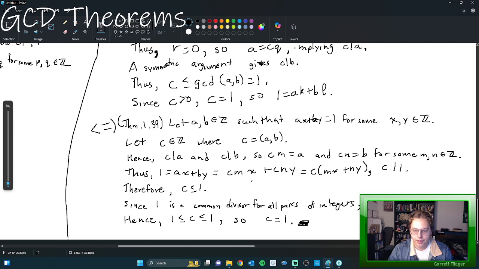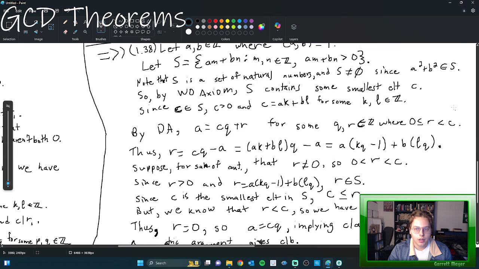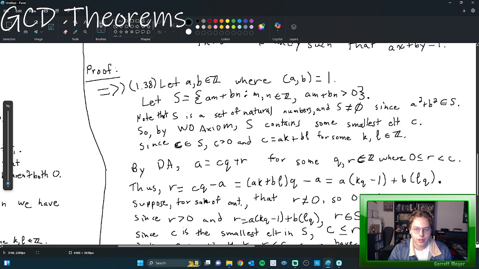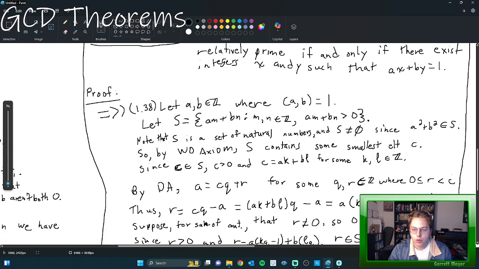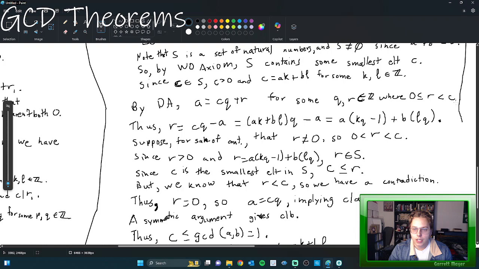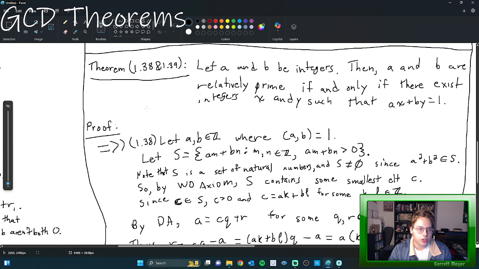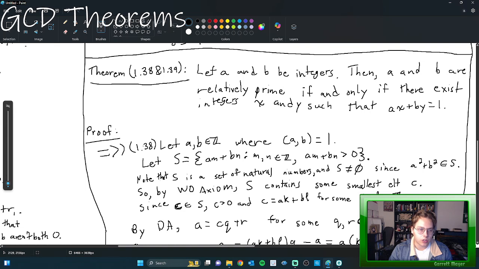So what we have now is a proof of this huge biconditional theorem. And this theorem is going to be crucial in our future proofs. But one thing to note is that we can actually extend this first direction of the biconditional, where we're saying that if A and B are relatively prime, or their GCD is 1, then there exist integers x and y such that ax plus by is 1.